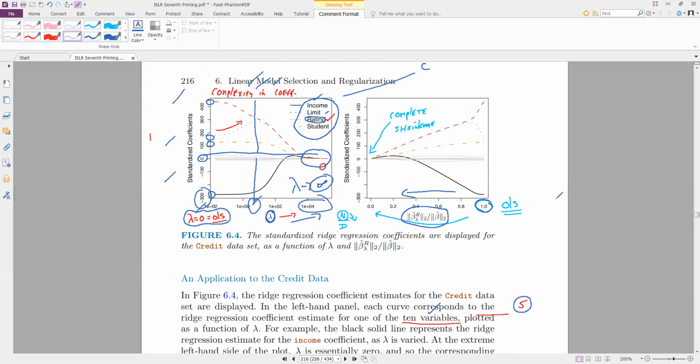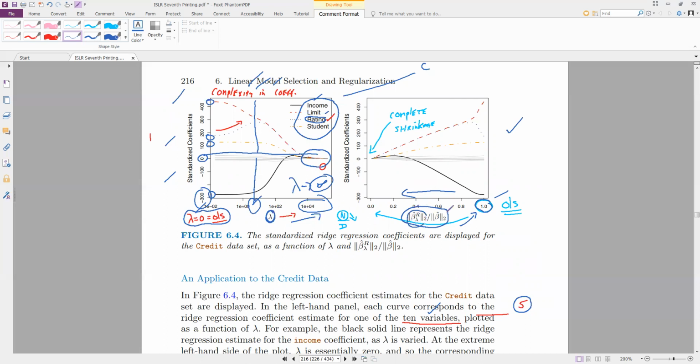The way to look at this graph on this right-hand side is to start here. Start on this side. When we're over here, we set lambda equal to 0. Now start over here. Apply this fraction to here. What do you get? You get the same ridge coefficients.